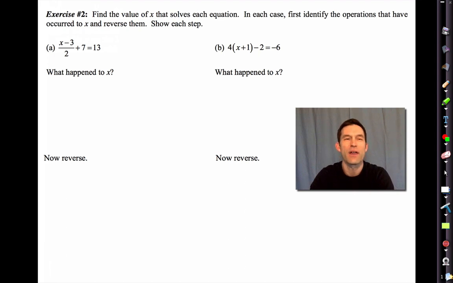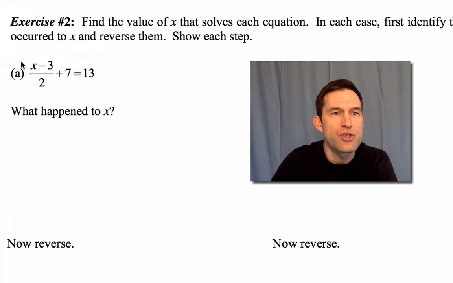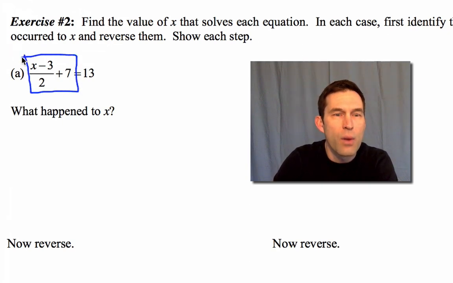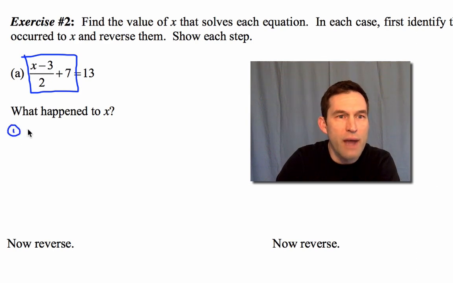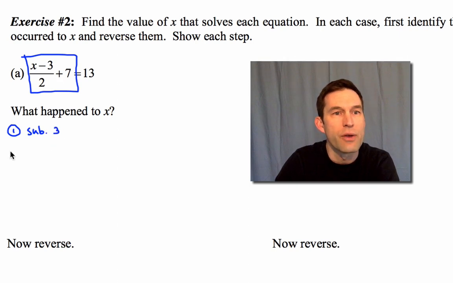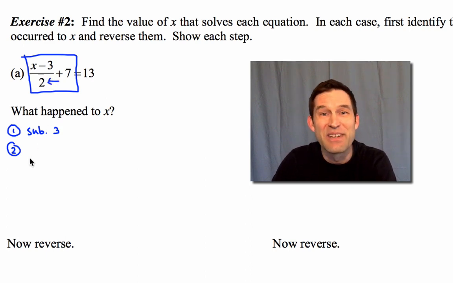All right, let's go through letter A, because some of you probably are like, whoa, man, that looks horrible. But watch. If we look at the structure of the left-hand side here, right, we just key in on this, then what we notice is that the first thing that's happened, right, is that we've subtracted 3. Right, we subtracted 3 from x. Now, the next thing that happened was we divided by 2.